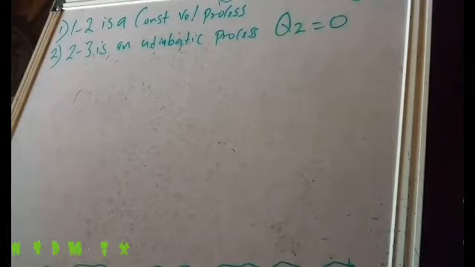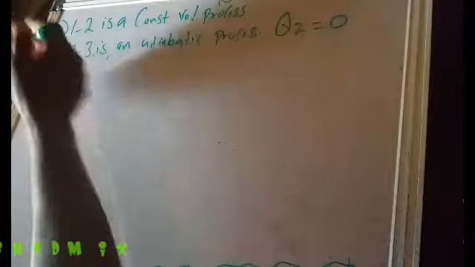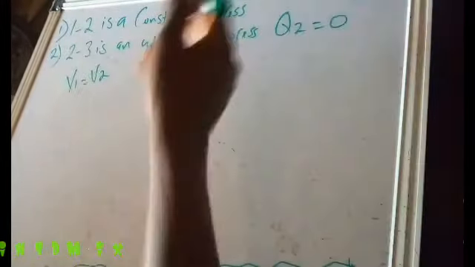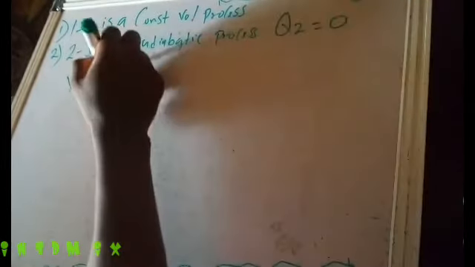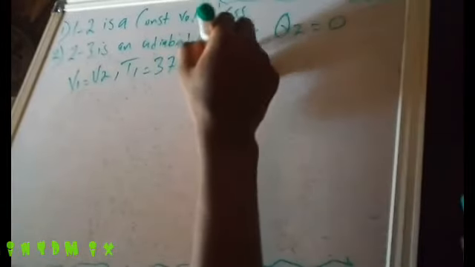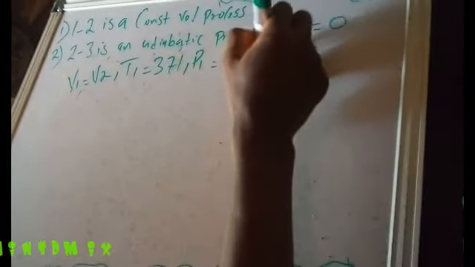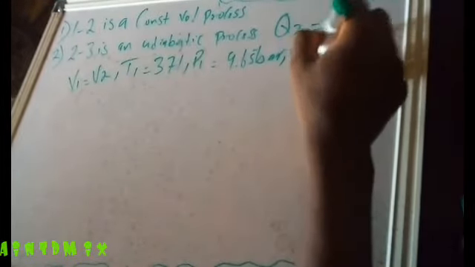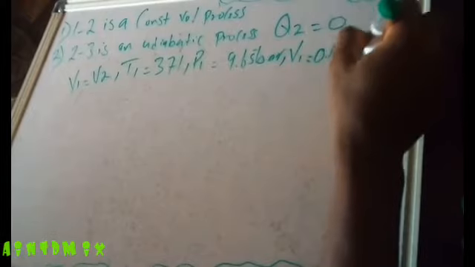So now for process 1 to 2, we know that V1 is equal to V2, since it's a constant volume process. And our T1 is equal to 371 degrees Celsius, and our P1 is equal to 9.65 bar. We know our V1 is equal to 0.14 dm cube.